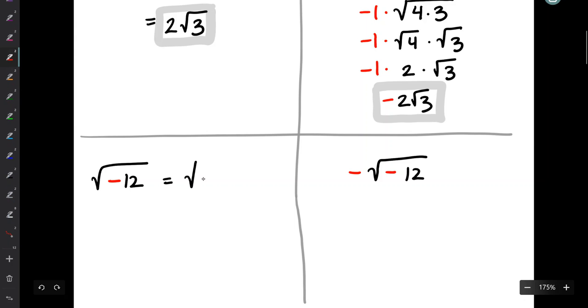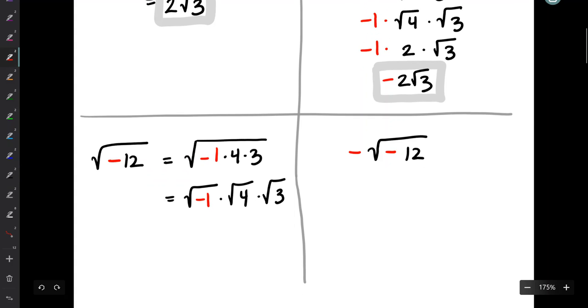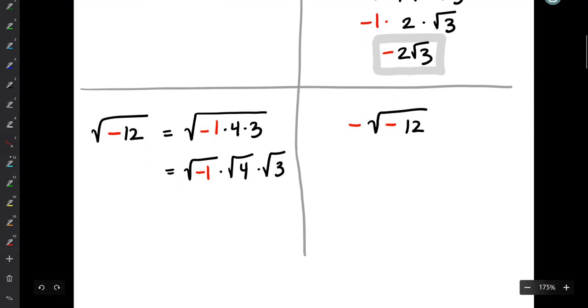We've got 12, minus 12 is a minus 1 times a 4 times a 3 using my product property. This is the square root of negative 1 times the square root of 4 times the square root of 3. The square root of negative 1 is defined to be this imaginary number i. The square root of 4 is 2, and the square root of 3 is just the square root of 3.